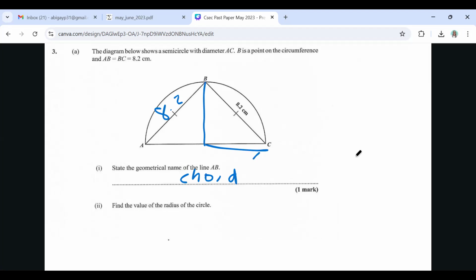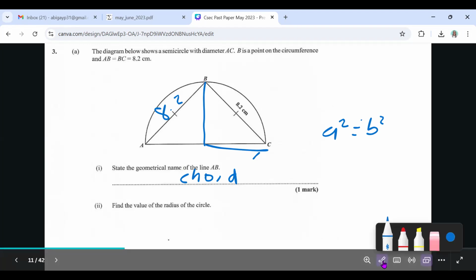So that is R. First things first, we need to find the diameter of the circle. We weren't given that, so we can use the Pythagoras theorem. Pythagoras theorem is A squared equals B, sorry, wrong: C squared.